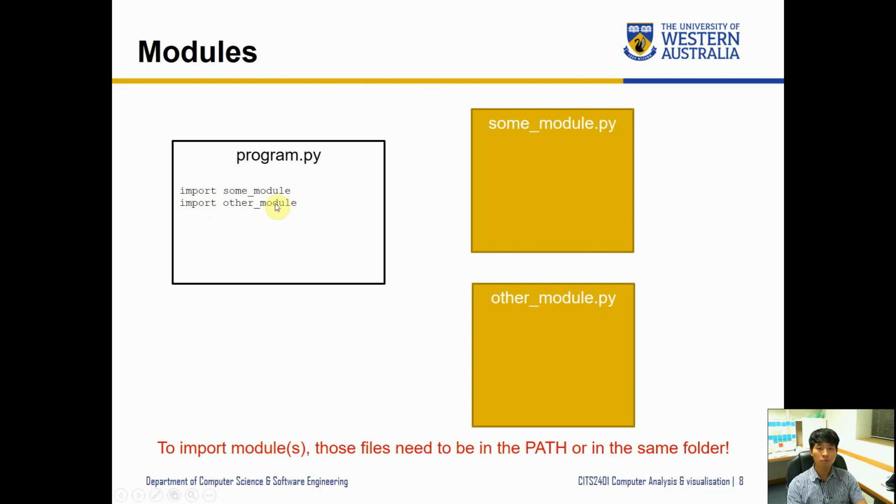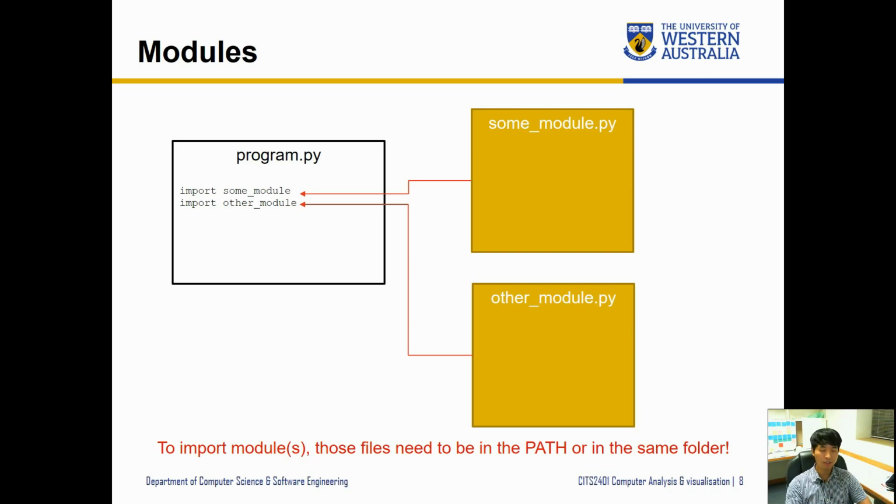So here in this program, I can import some_module and other_module as such. And once that happens, essentially, whatever functions are inside those modules will be loaded into the program. That means I can use the functions inside my modules as if they were already written in my program.